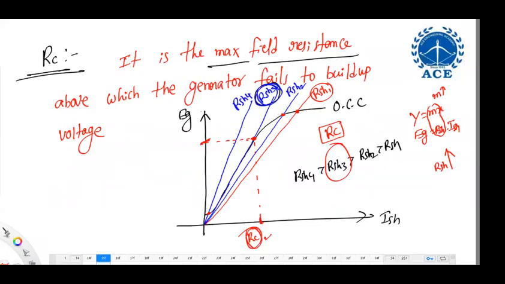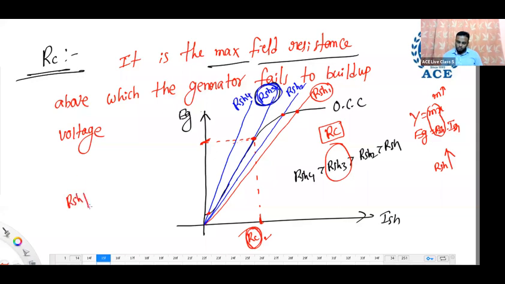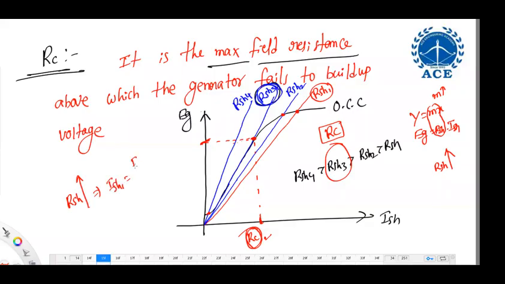Sir, in the characteristics, what happens practically if we increase the resistance in the shunt field? If you keep on increasing the resistance, suppose the resistance of the field winding is very high, what is the shunt field current? Very low, sir.